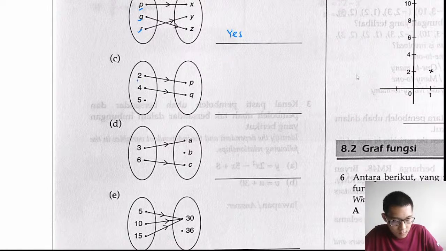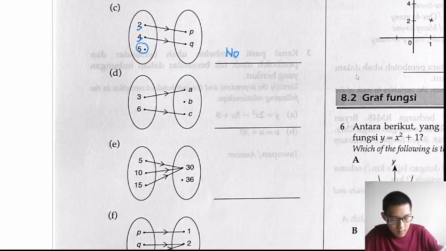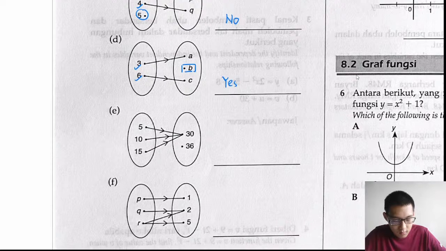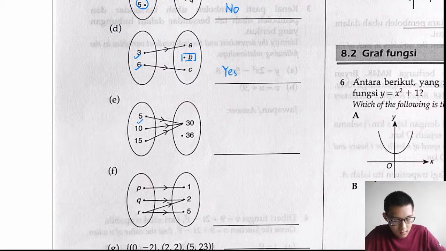This one, not all the objects have an image, because one didn't have an image, so it's no. All the objects have one and only one image, this one yes. Although there is no object here, we still can classify it as a function. This one, every object has one image, so this is a yes.